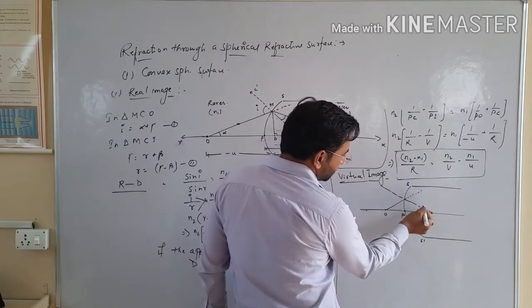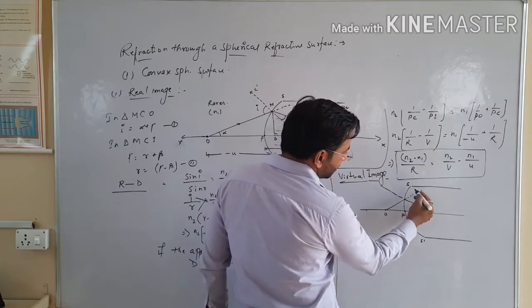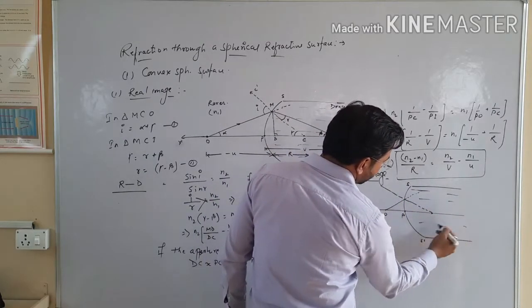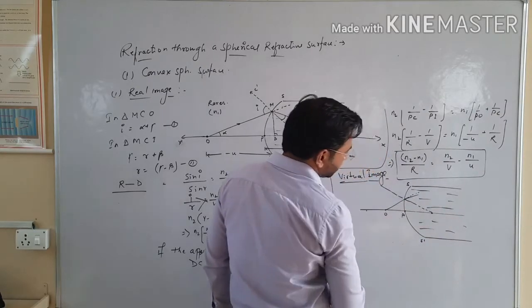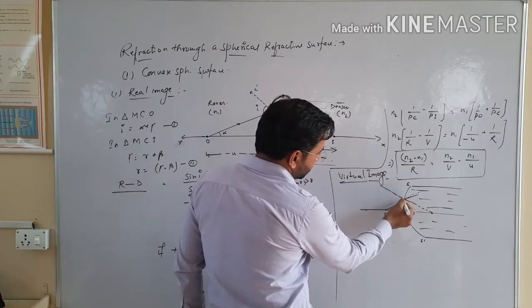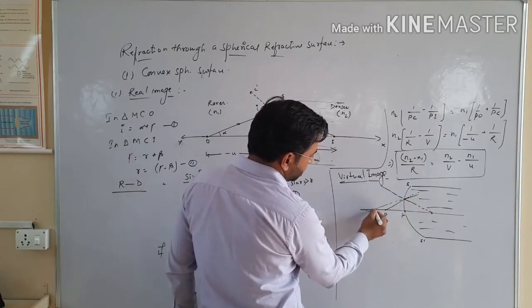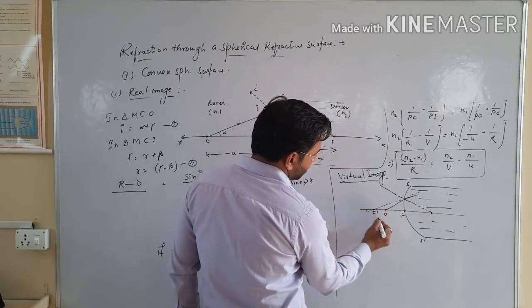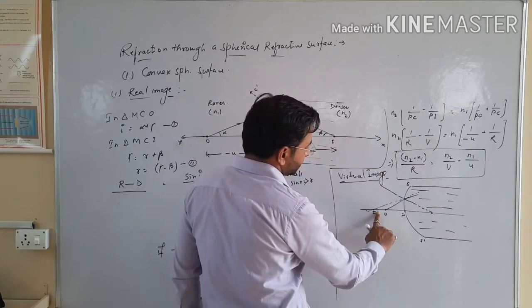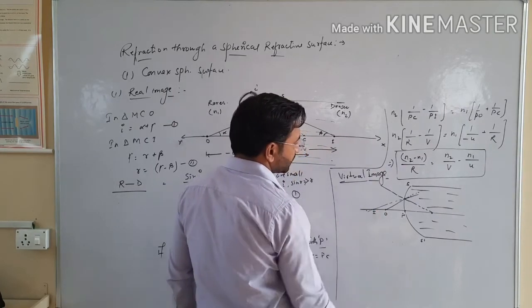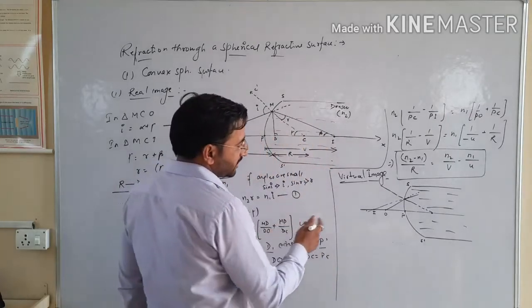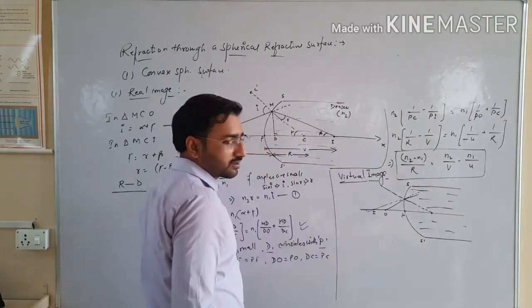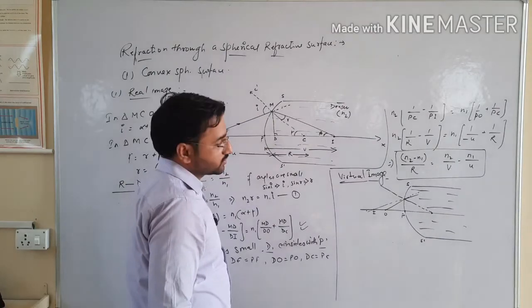As the light goes from rarer to denser medium, it will bend a little bit like this, but when we extend the ray, the image I is formed behind the object, on the same side of the object. So for this condition the image which is obtained is virtual.